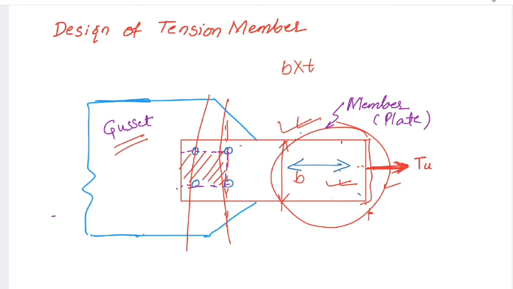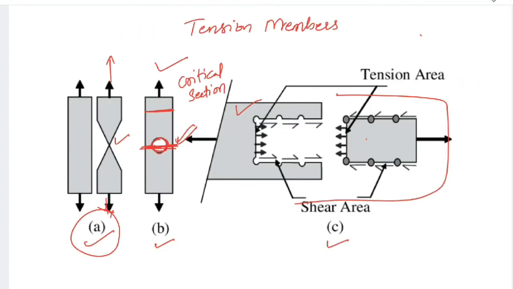Whenever you apply force under block shear, this portion of the plate remains with the gusset plate along with the bolts. Only this portion gets separated due to the applied force. This kind of failure we call block shear.